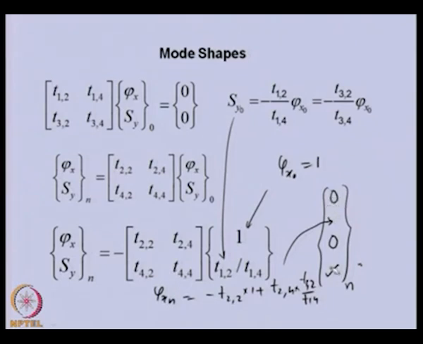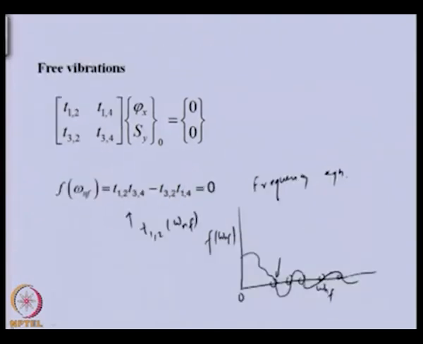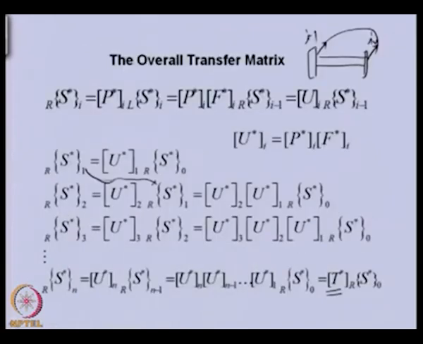So these can be used in the previous transfer matrices which we developed here to get back the various state vectors in between. Now once we have got all the state vectors, we need to pick up the linear displacement separately, angular displacement separately, at various stations.